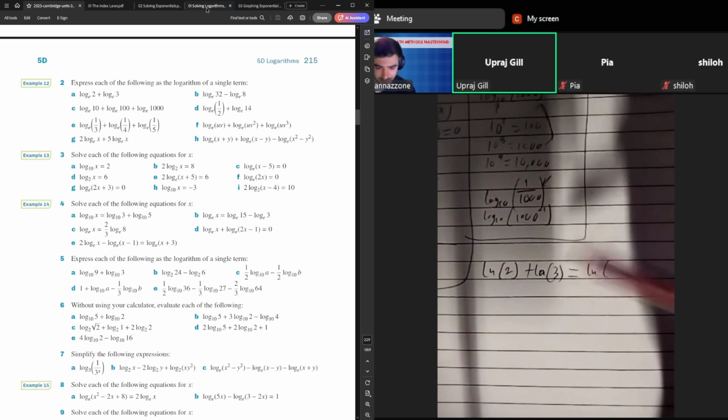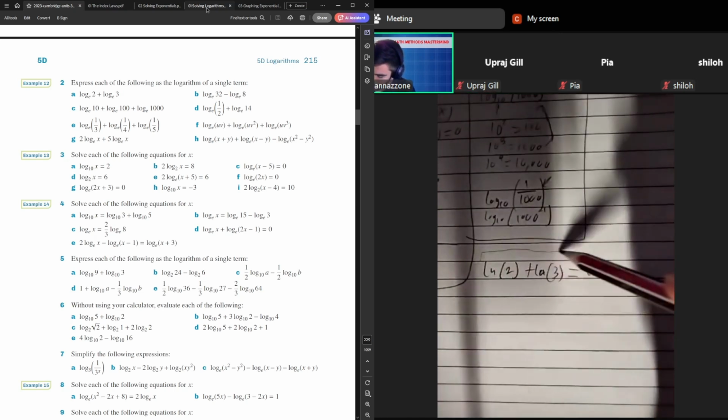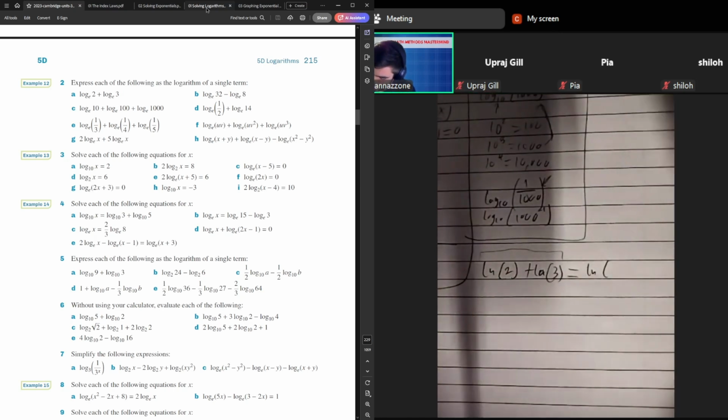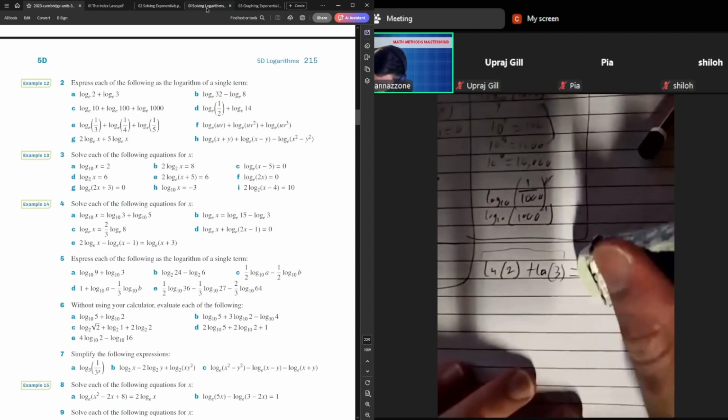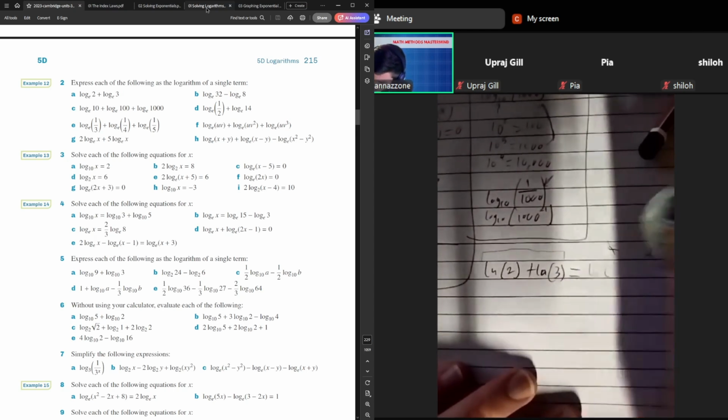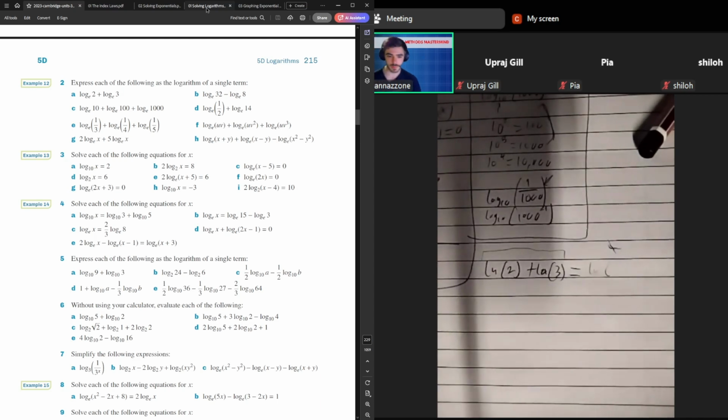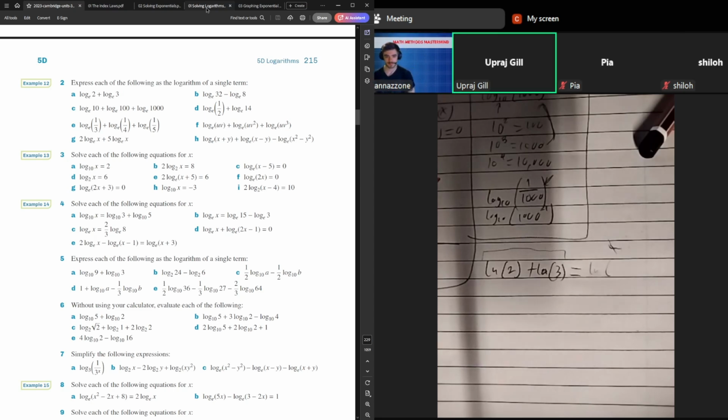The one that I've written down. So natural log 2 plus natural log 3. How does that simplify down, if you were just to get it down to a single logarithm? Would it become natural log 6?